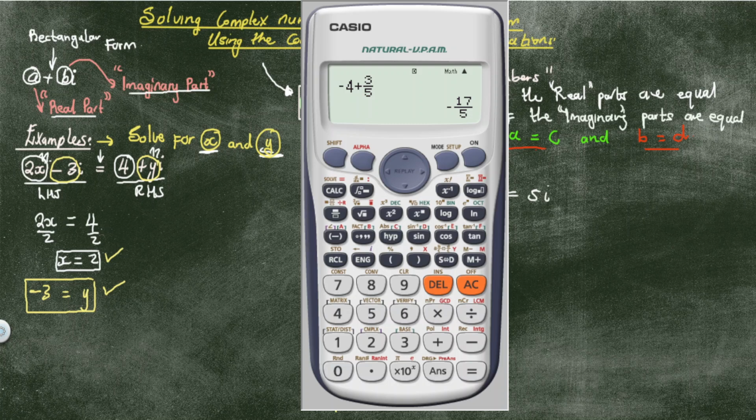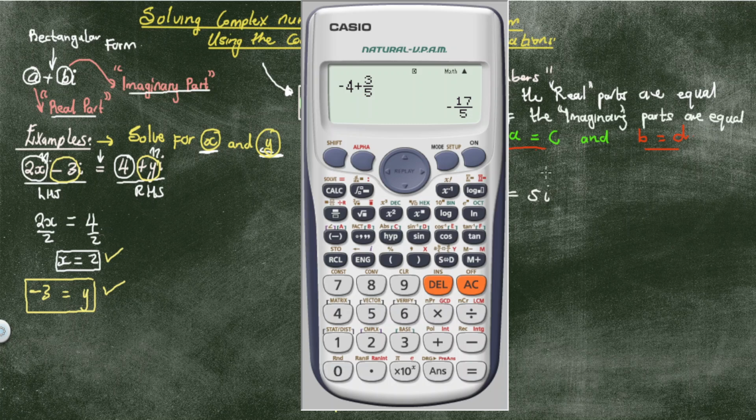What we have on the left hand side is considered a complex number. How do I know? I have an imaginary part, which is this. This is b, and then this is a. b is always the coefficient of I. So I'm going to take the x and the 2y and group that together and make it a. And then b is next to I. It's the coefficient of I. So that happens to be x.